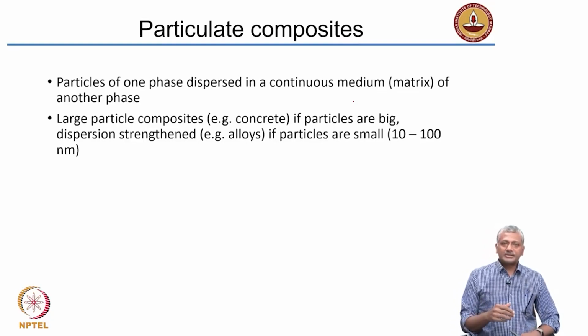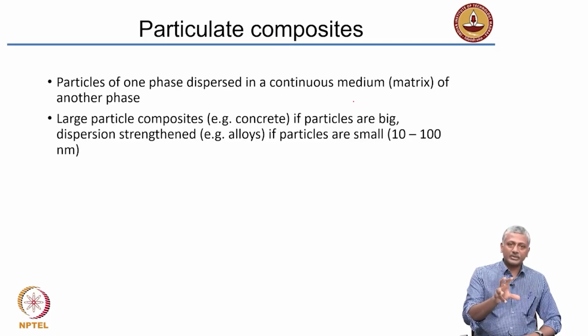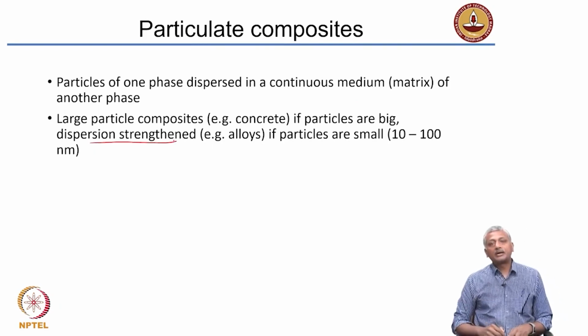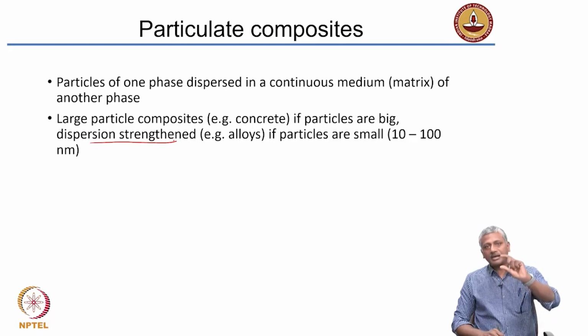Now in alloys, the particles of carbon, for instance, in the iron microstructure are at the atomic level. So in those cases, they are called dispersion strengthened particulate composites. For example, even in stainless steel, you have nickel and chromium embedded in the structure of steel, but those are again at atomic level. You don't have large grains of nickel and chromium embedded into steel.